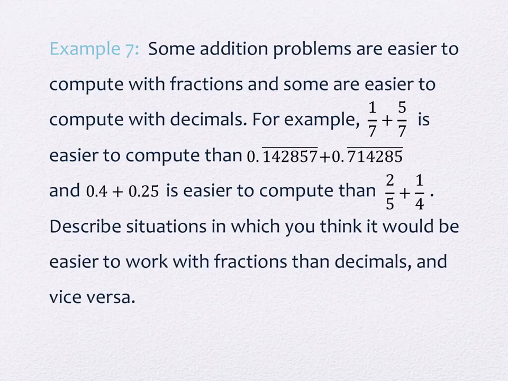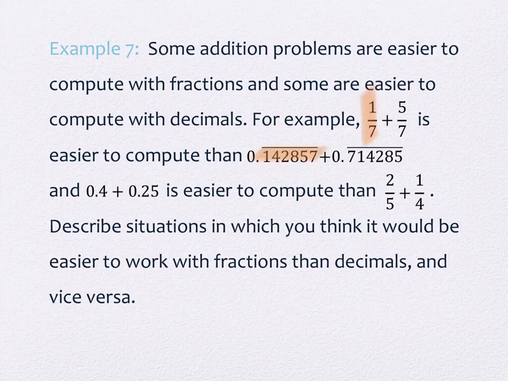All right, so some addition problems are easier to compute with fractions, and some are easier to compute with decimals. For example, 1/7 plus 5/7, that's pretty easy to compute. 6/7, right? Much easier than computing 0.142857 repeating plus 0.714285 repeating. These are the values that correspond to this.